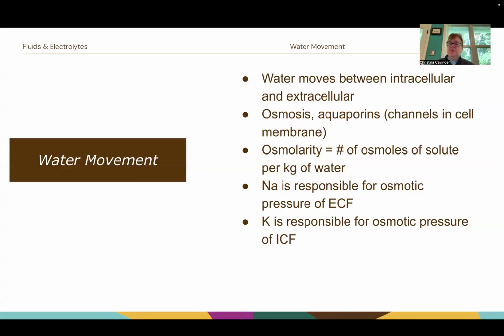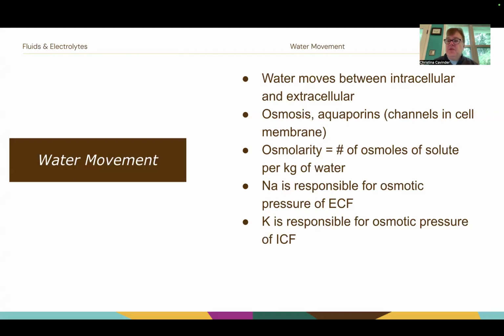And this is really important when we talk about medications or certain foods. So if we have a medication that has a high osmolarity and you swallow the medication, then it will pull water into where that high solute concentration is.